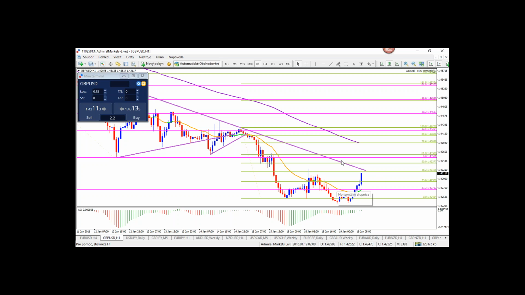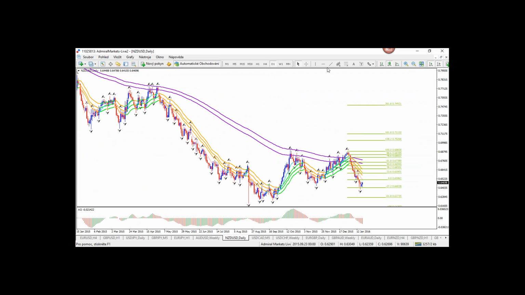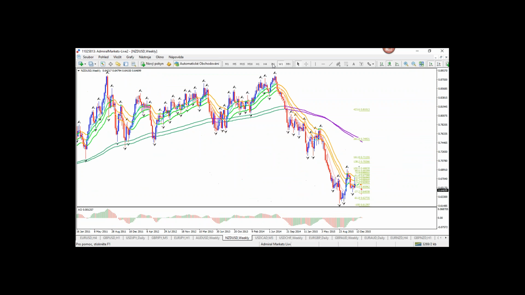All right, let's take a look at the Kiwi now. Sorry about that. Let's continue with this New Zealand USD. All right, I think we got a pretty good break, let me get rid of this fib here.